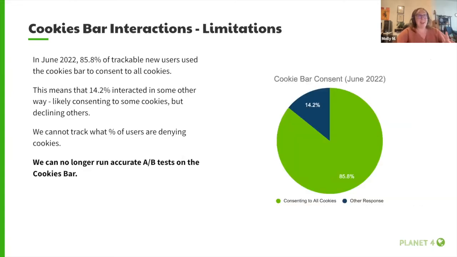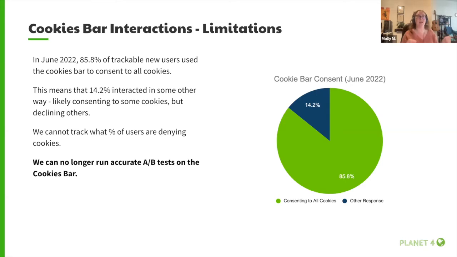So with that, on GPI, we had about 85% of trackable new users consenting to all cookies, which means that 14% or so interacted in some other way. So consenting to some cookies, but not others, analytics, but not advertising, or vice versa, or interacting with the cookies bar in some other way that is not accepting or denying cookies.